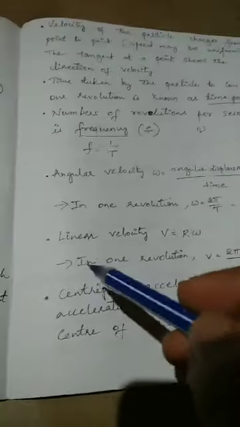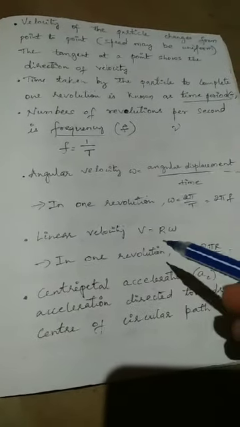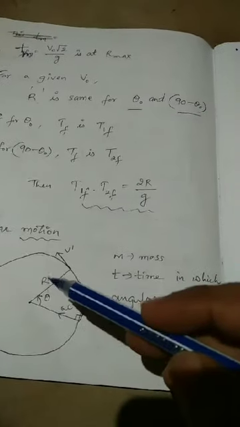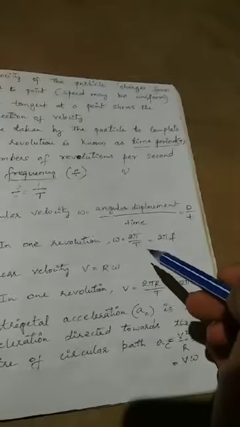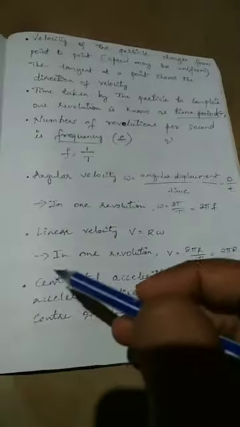Okay, next I'll move. That is linear velocity V equal to R omega. R into omega, where omega is theta by T. I explained already.